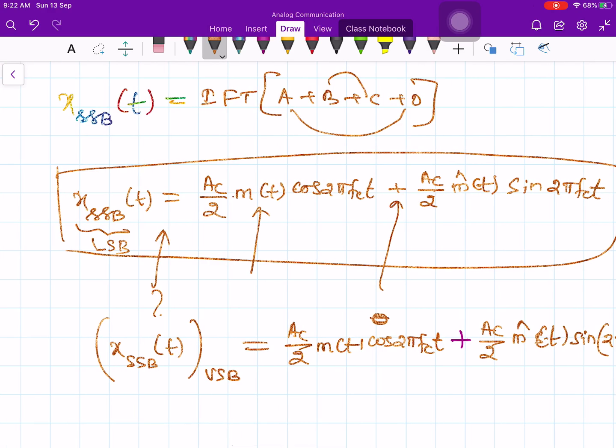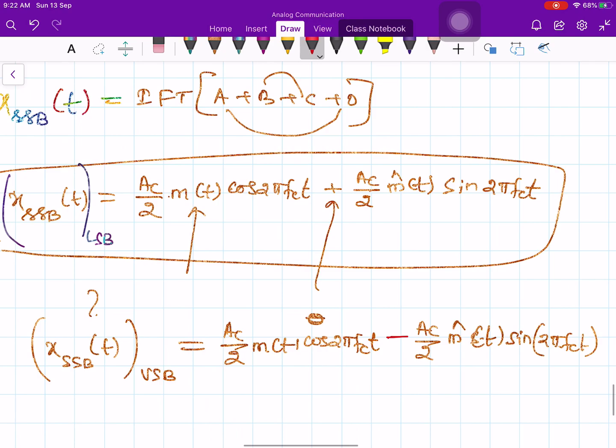Okay, lower sideband. The whole process you repeat once again, and you will end up with, I am sorry, again I made a mistake. Why did I put it like this? That's it, minus symbol. That is the only difference for upper sideband.